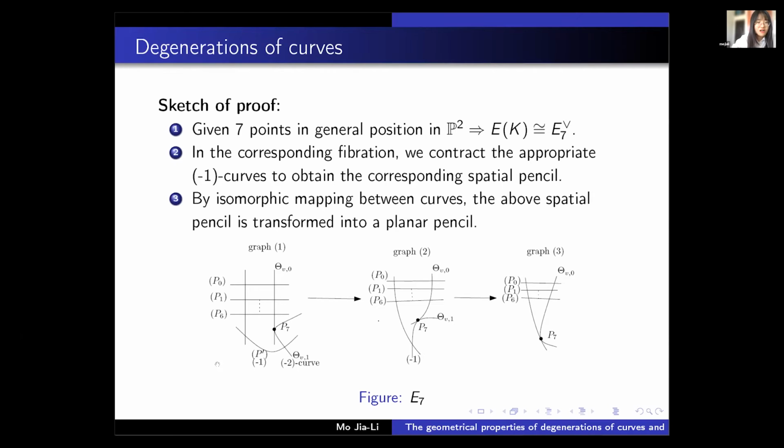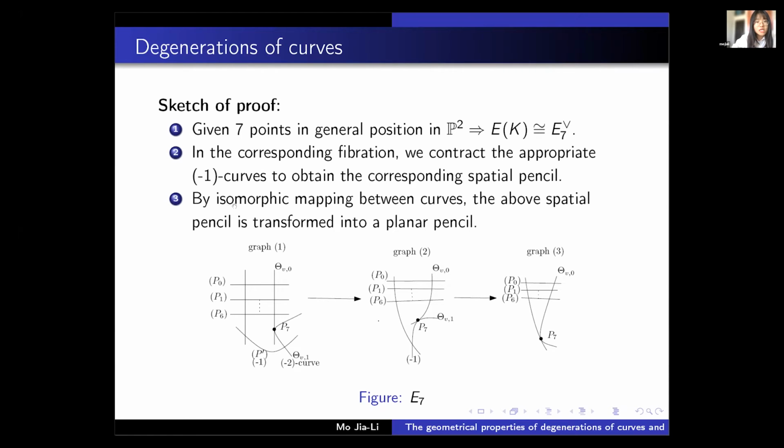We first contract this -1 curve, P-infinity, and then contract different -1 curves, for example, P0, P1, and so on, to obtain the corresponding spatial pencils.